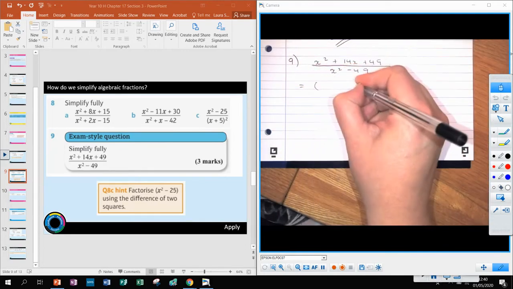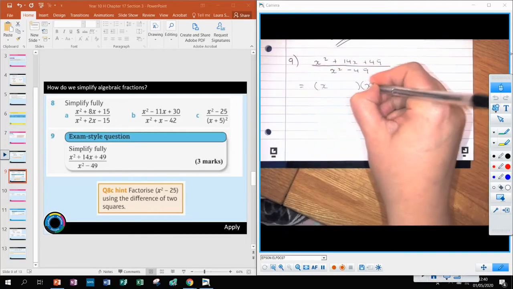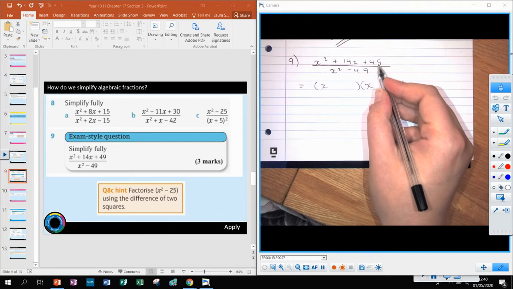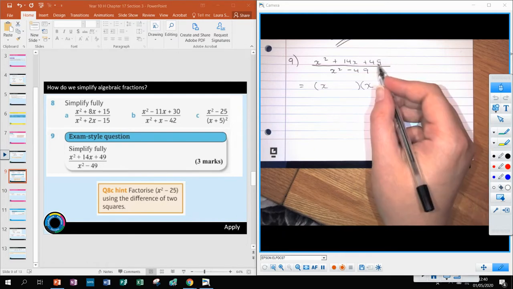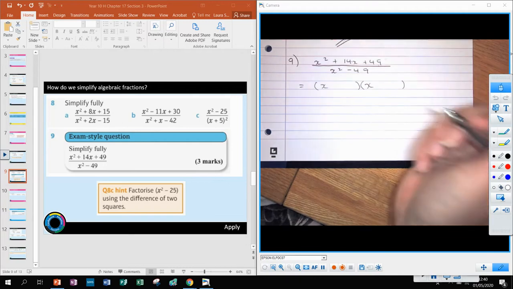Okay, so let's do our factorizing. So we've got x, and then it has to multiply to 49. The only 2 things I can think of that do that are 2 7s, so 7 times 7 is 49, or 1 times 49, but that doesn't add to 14.